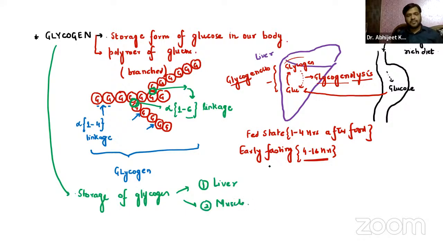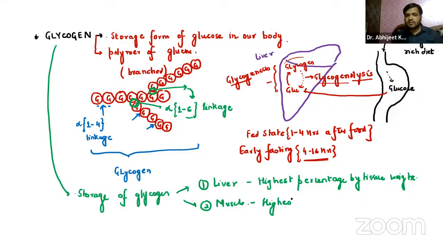In the liver, it is the highest percentage by tissue weight. And in the muscle, it is the highest total body content. Muscles are present everywhere, right?